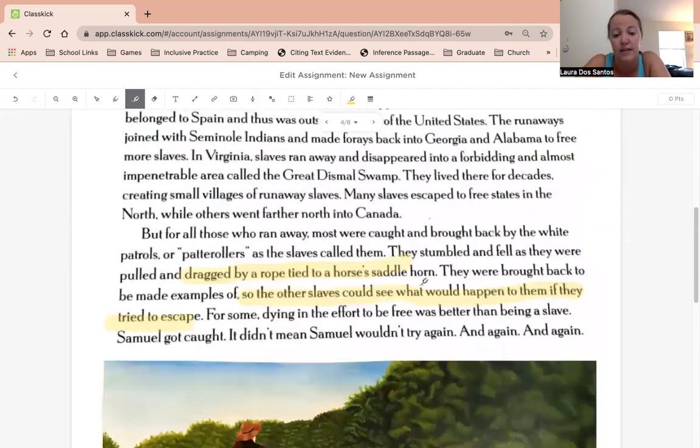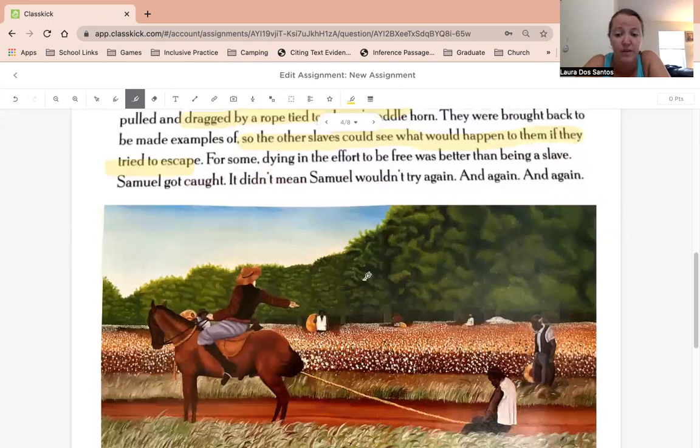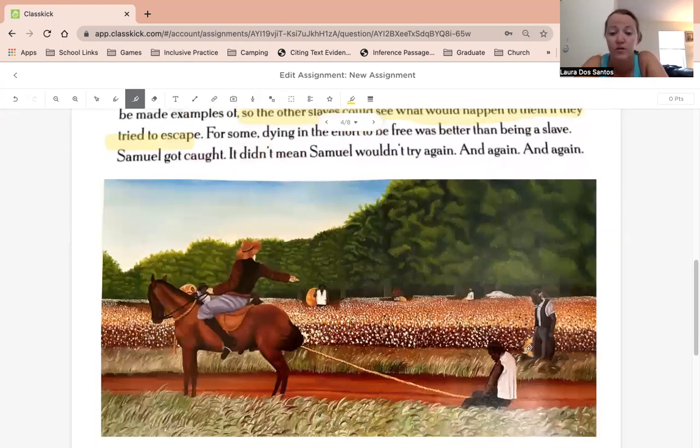This is not stated in the text. I have to use the text, but I can also use the picture to help me answer this question. I have to think about my own background knowledge. Okay, so this man right here is looking down. That means he must be feeling sad. So maybe he could be disappointed that the man was caught, or maybe he's sad that he's going to be punished.